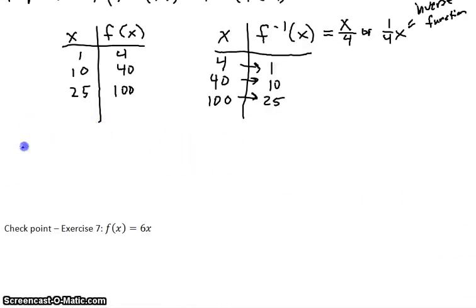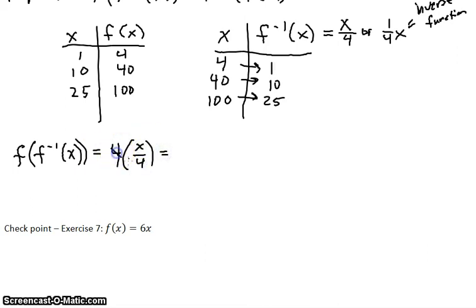So what I'm going to do is take my original function and compose it with the inverse function and see what happens. Well, the outside function was 4x, and I'm going to replace the x with the inverse function, which is x over 4.